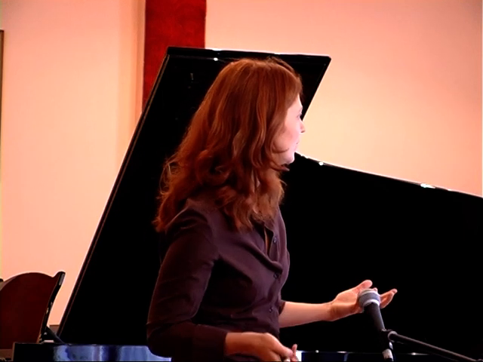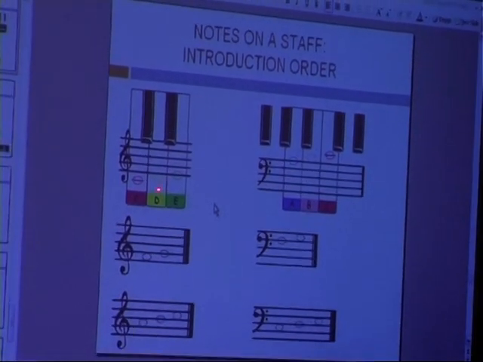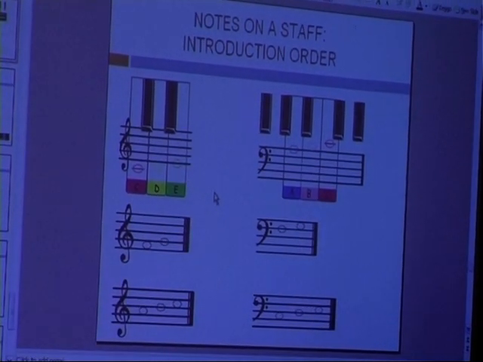There was already a memory game in the keyboard chapter of the book, and in the volume chapter of the book. This is the order in which we introduce the notes, and we relate them to the colors featured in the keyboard chapter and to the keys that children know from before.